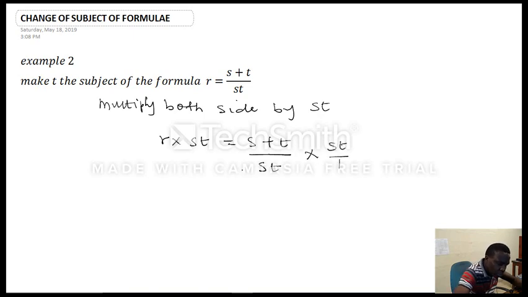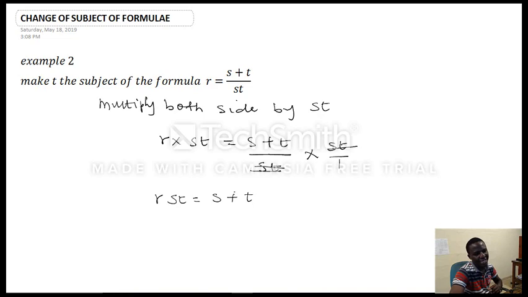Now you discover that ST will cancel ST, and we will now have RST is equal to S plus T.